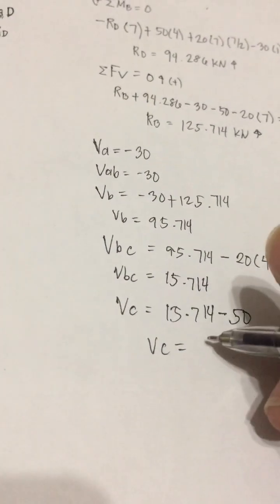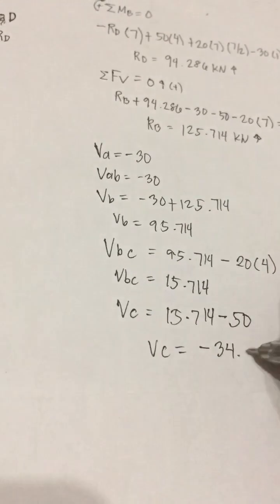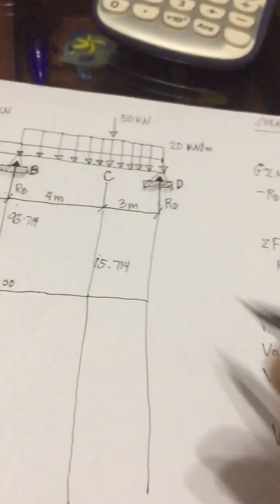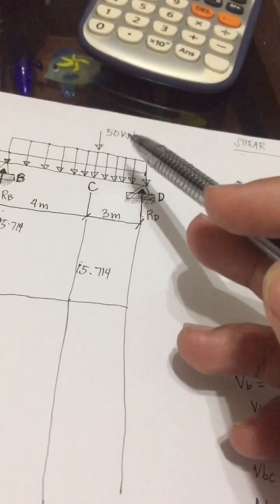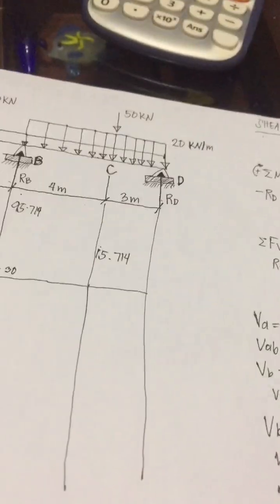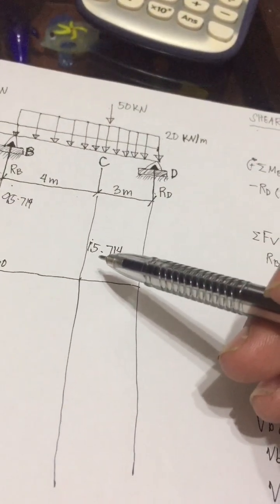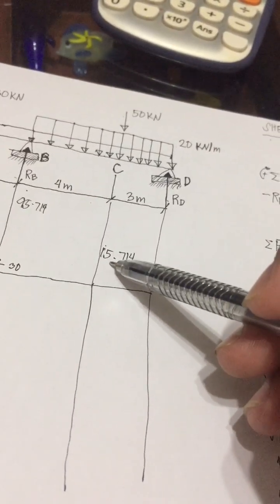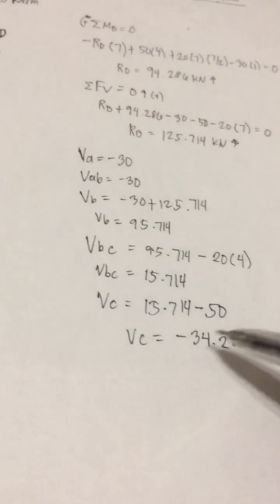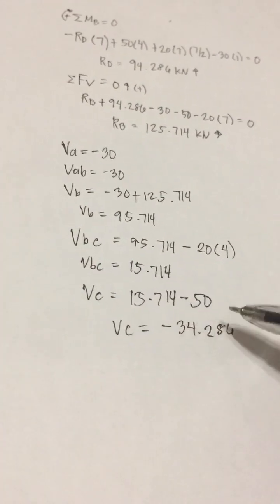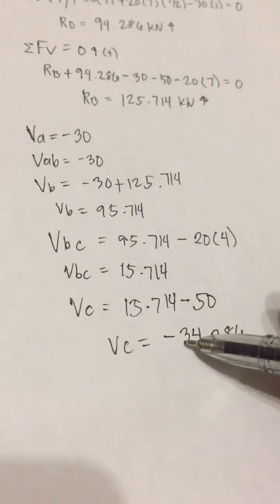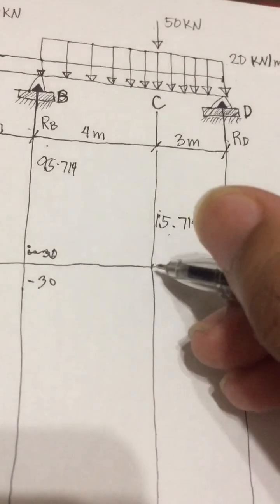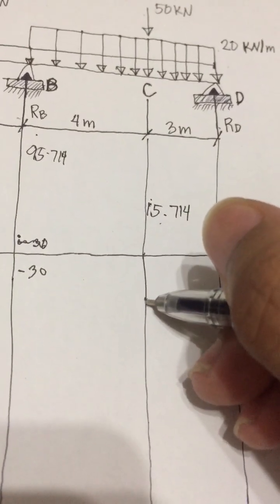Calculating, the value is negative 34.286. It is negative because the force there is going downward. So since it is negative 34.286, we write it below the line.